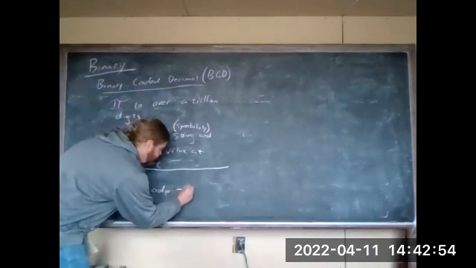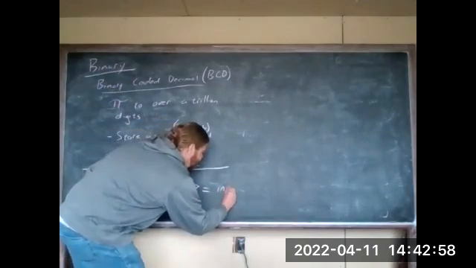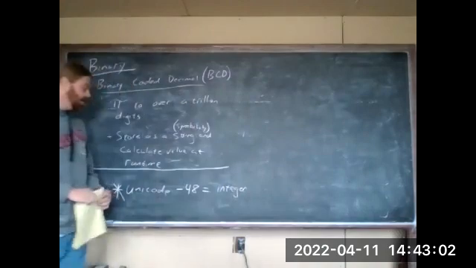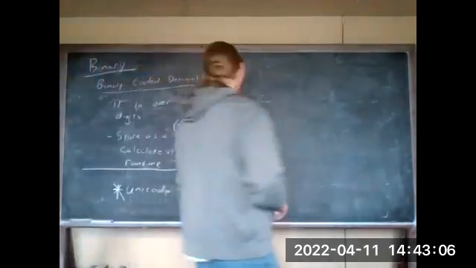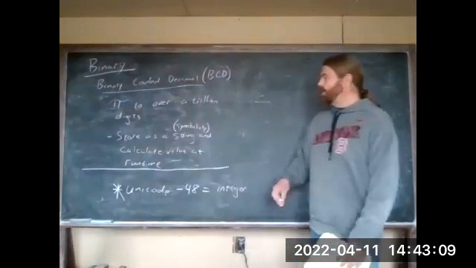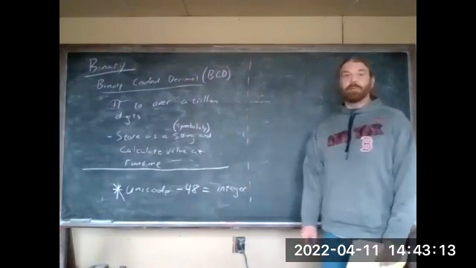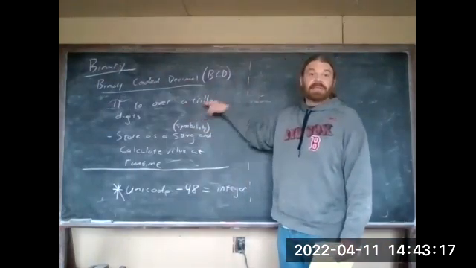So the Unicode minus 48 gives us the integer representation of that number. And then we can do the same thing with Unicode, which is ready to print out to screens. It follows that same thing. We just stored the symbol and then calculated at runtime. So that's another one we can work with, usually for really, really big numbers like pi to a trillion digits.